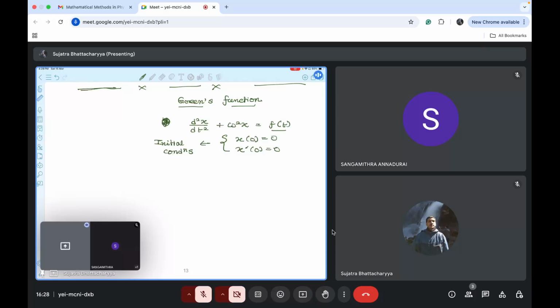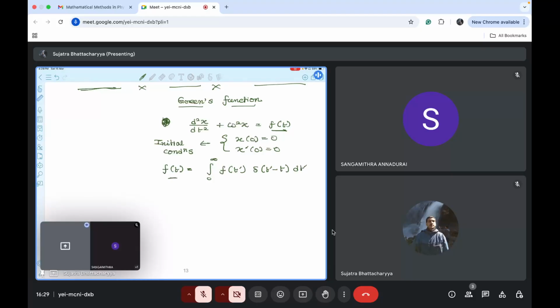So you have a forcing function here. This clearly tells you that it is an inhomogeneous differential equation with order t. Fine. Now, what I do is, I write f of t as the integral from 0 to infinity of f of some dummy variable t dash, any variable, you can write some u also, times delta(t dash minus t) dt dash.